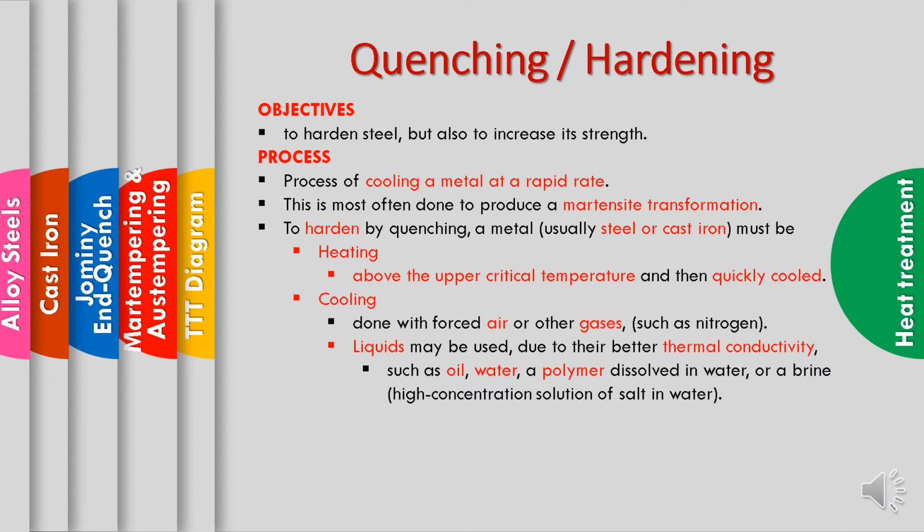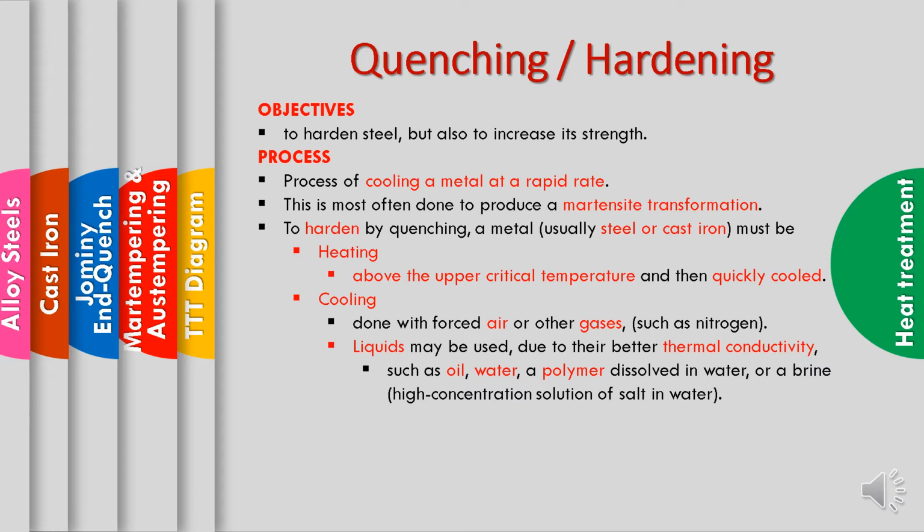To harden by quenching, a metal, usually steel or cast iron, must first be heated to the upper critical temperature and soaked, and then start cooling down.